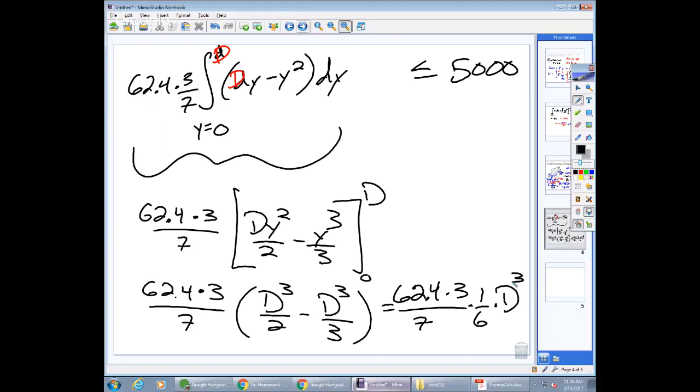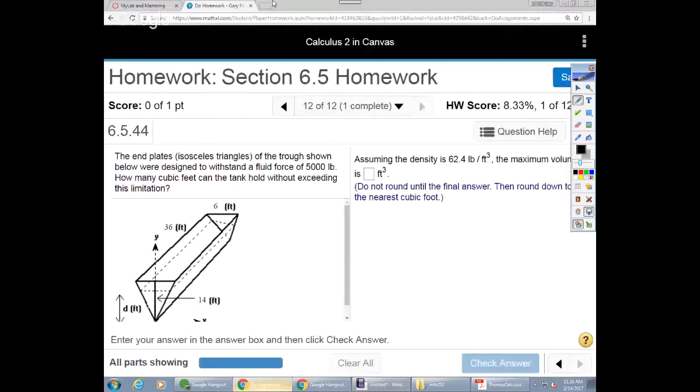So we need to set that equal to 5,000 and then solve for d to come up with the proper depth so we don't exceed that 5,000. So whip out a calculator, see what you get. Grab Google as a calculator.